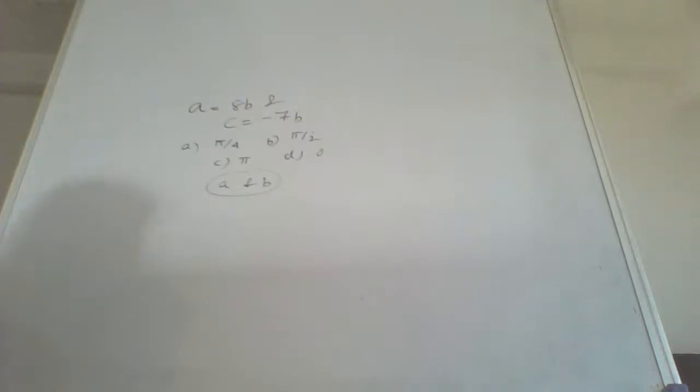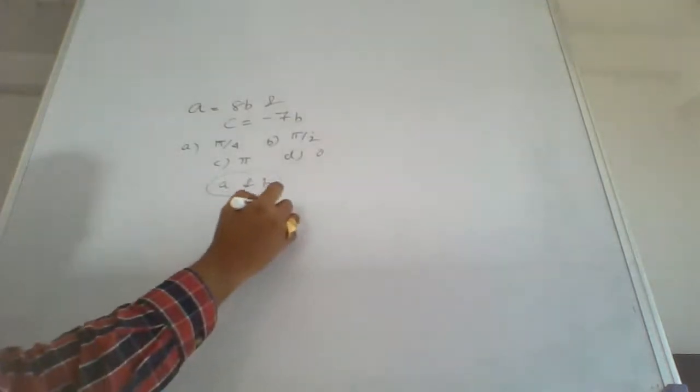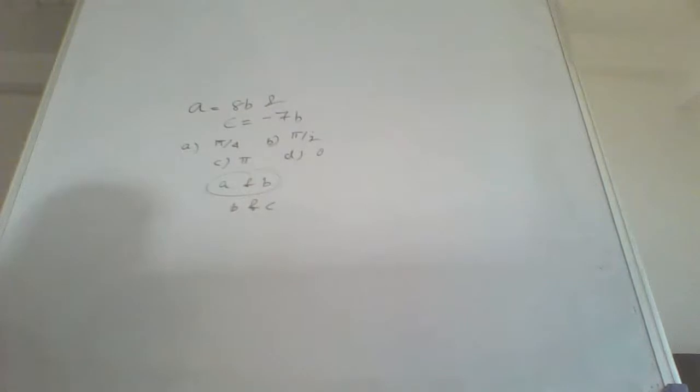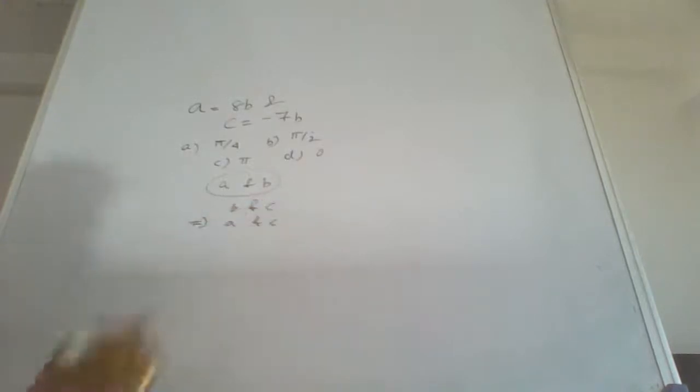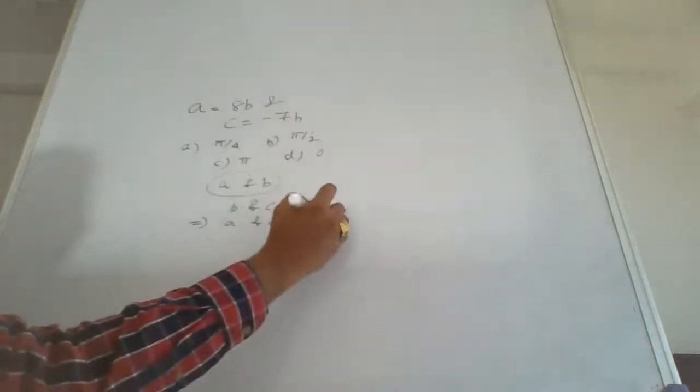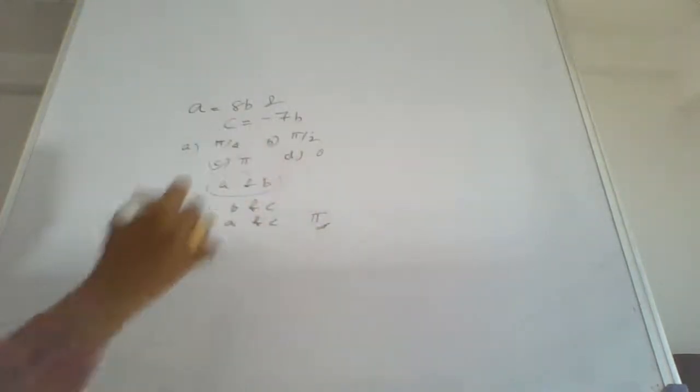Now if you look, b and c are in the opposite direction. So this implies that a and c are in opposite directions. So the angle between a and c will be pi. So the choice is pi. I hope you understood this problem. Let us move on to another problem.